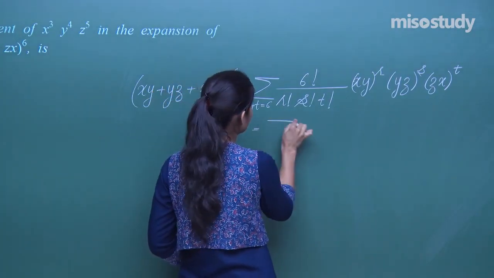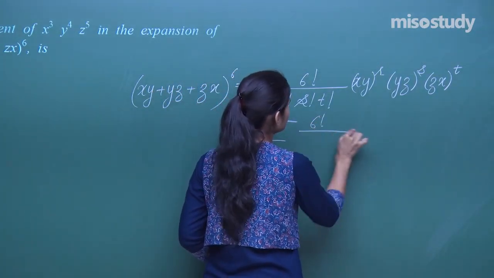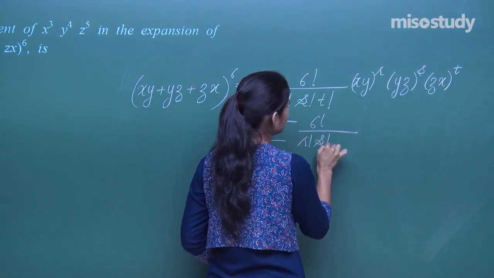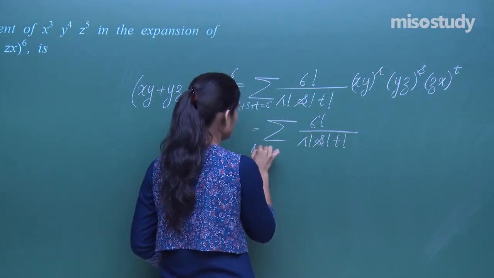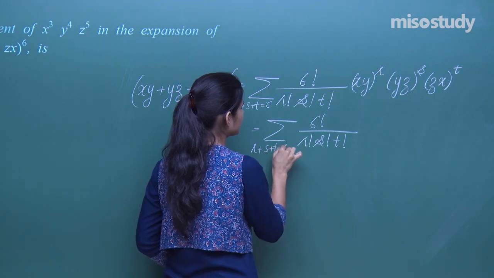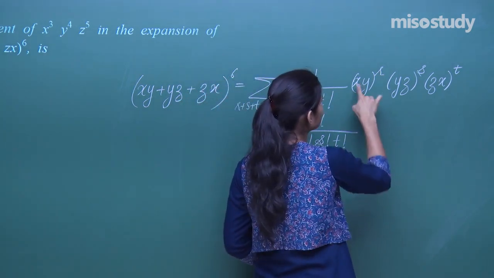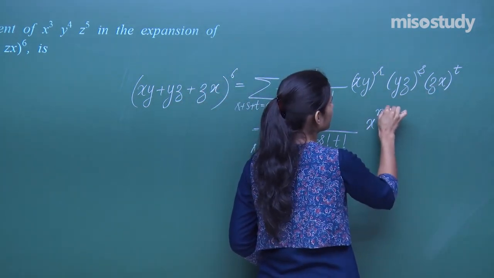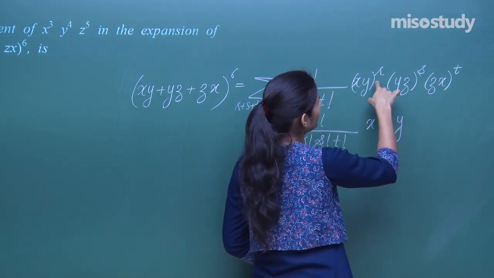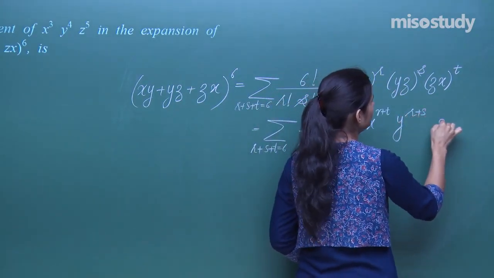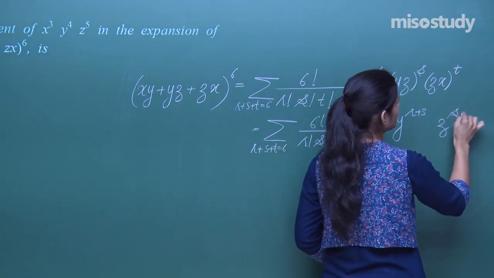So from here you get summation 6 factorial upon r factorial, s factorial, t factorial, r plus s plus t is 6. This becomes x to the power r plus t, y to the power r plus s, and z to the power s plus t.